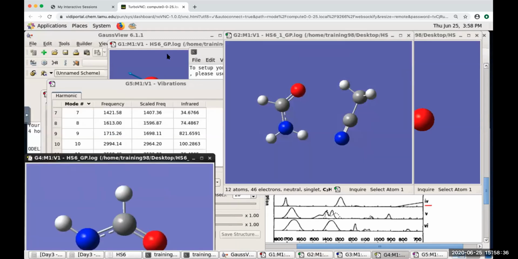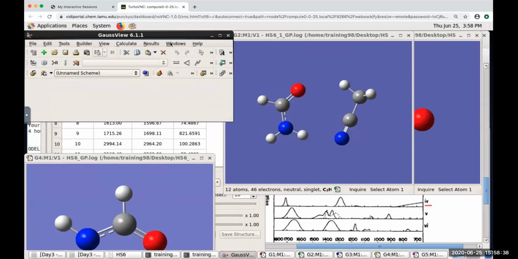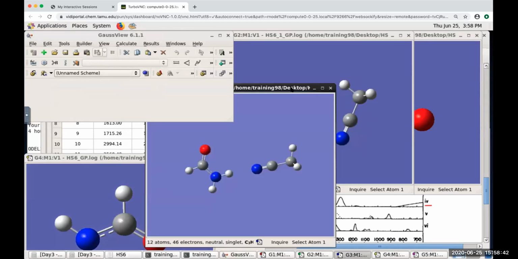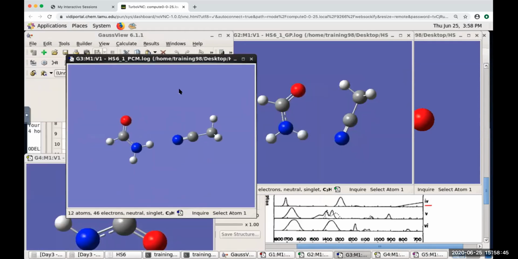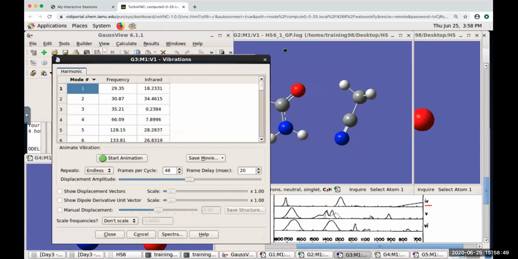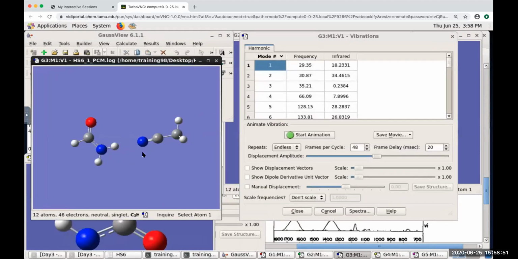Let's go to, I should have one more. Yes, this one. So let's see if this one finished. Okay, you'll notice with the solvation model, it stayed in that same orientation as the starting geometry. It didn't flip around like that. And that's because now the acetonitrile is happier with the dielectric bath around it.